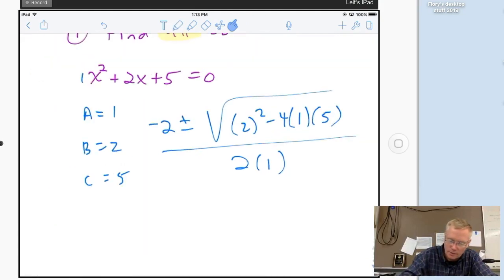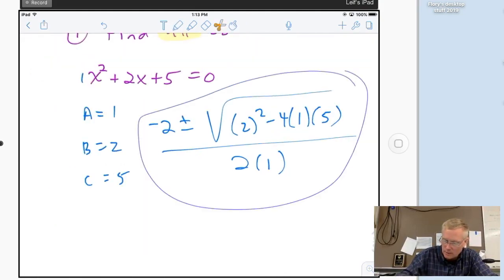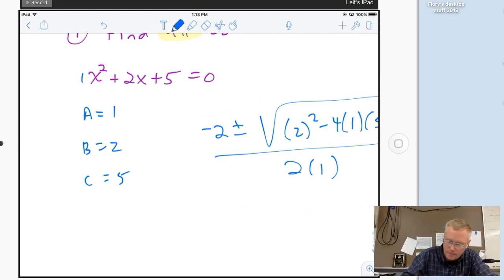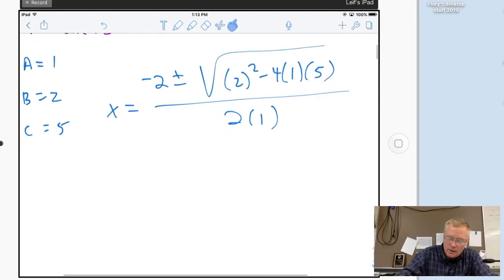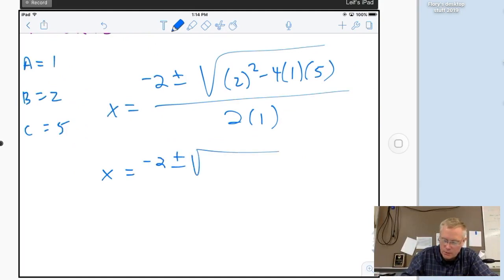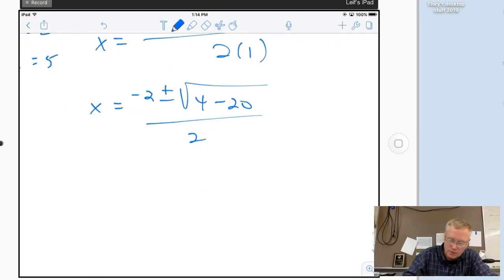That will equal x. Okay, so negative 2 plus or minus 2 squared is 4, 4 minus 20, all over 2. So quickly I'm getting down to x equals negative 2 plus or minus the square root of negative 16 over 2.